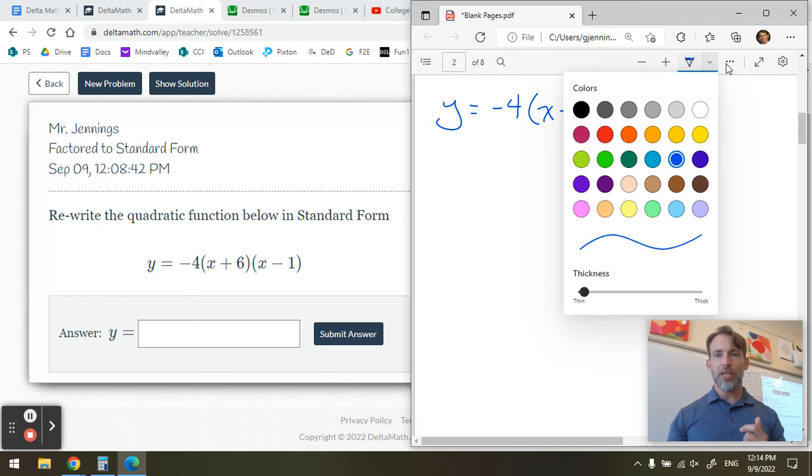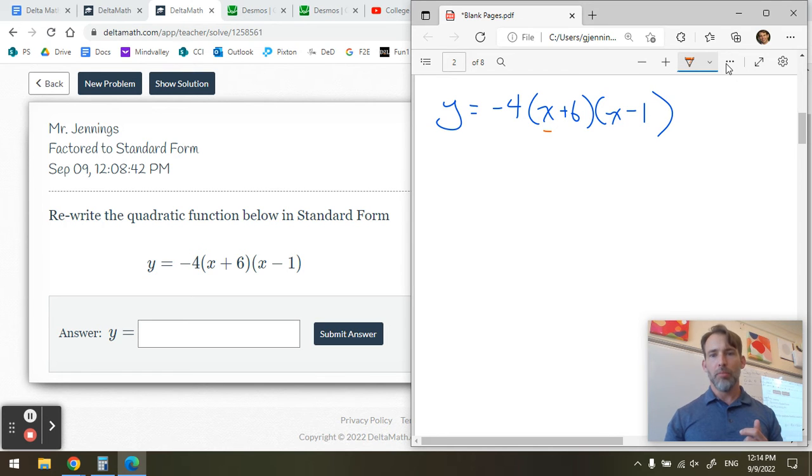To expand one of these, we have to make sure that we multiply the first term by all of the terms in the bracket, and the second term by all of the terms in the second bracket. There's 2 terms here, 2 terms there, so that gives us 4 multiplications.